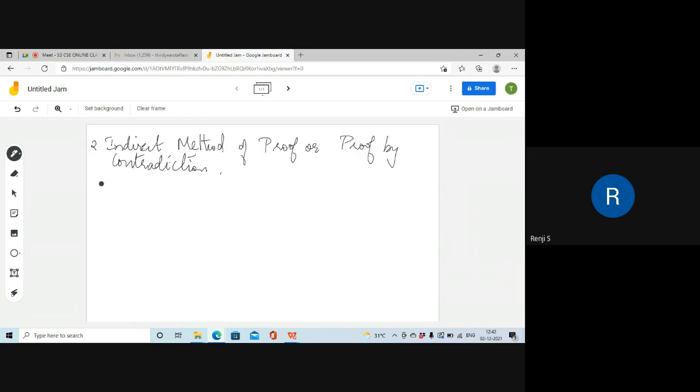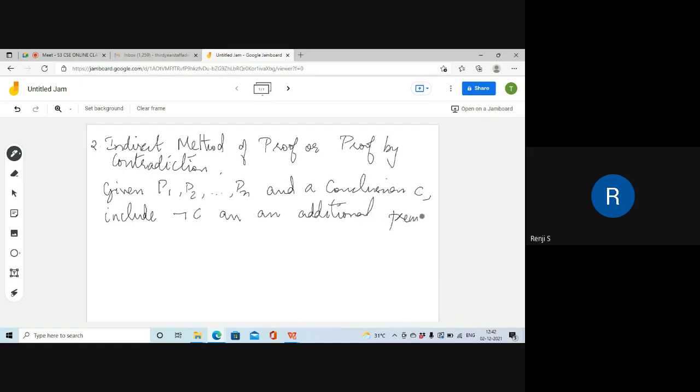Given a set of premises P1, P2, etc., Pn, and a conclusion C, include not C as an additional premise.